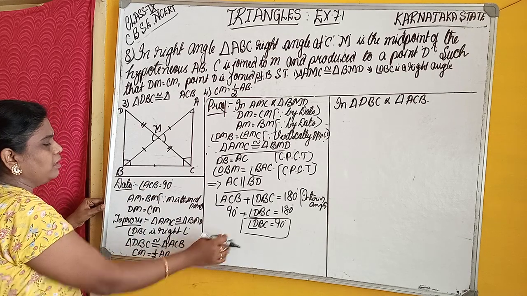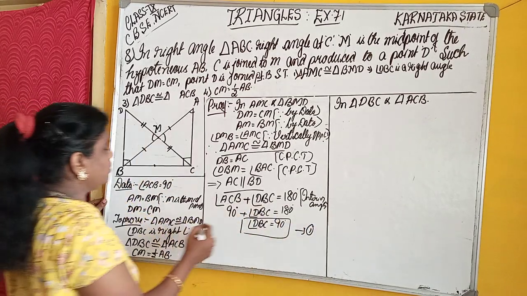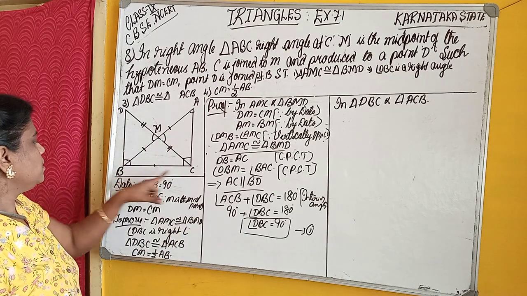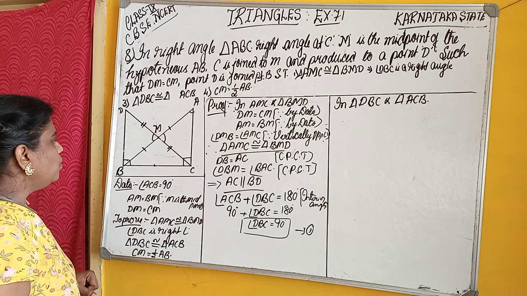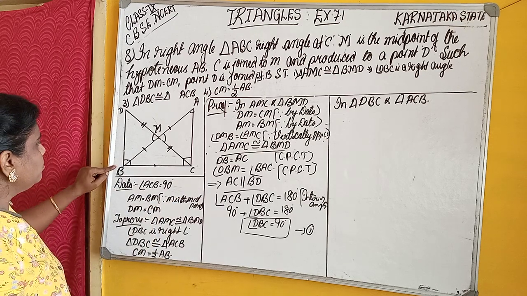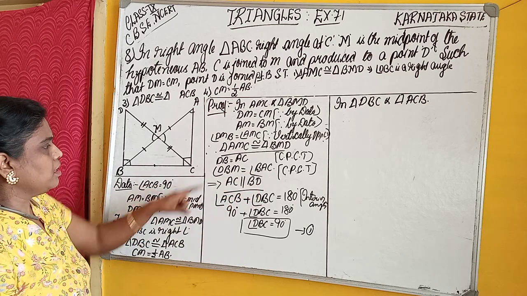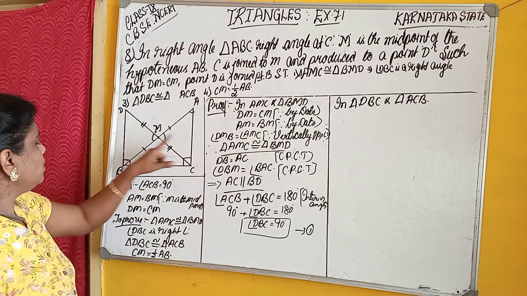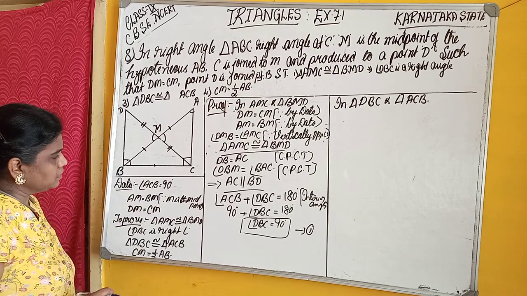We proved, from equation number 1, that angle ACB is equal to angle DBC. And also we proved that BD is equal to AC by CPCT, isn't it? BD is equal to AC. These two angles are equal, and BC is the common side.